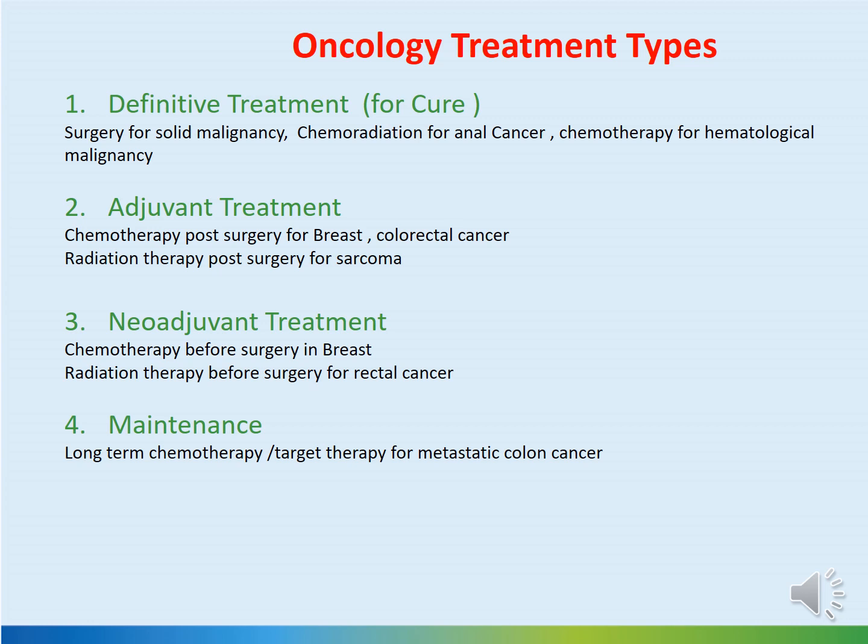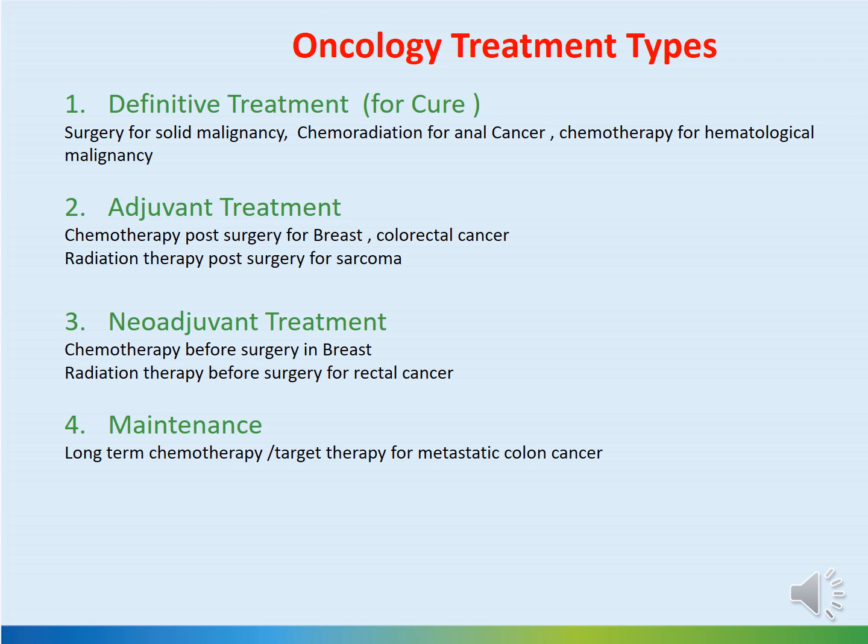Another example, sometimes we give chemotherapy as the main treatment for leukemia or lymphoma, which are hematologic malignancies. Sometimes we have chemoradiation, the protocol for anal cancer. So we call this a definitive treatment.